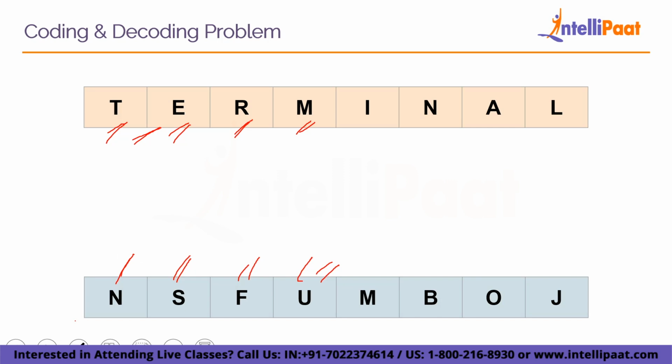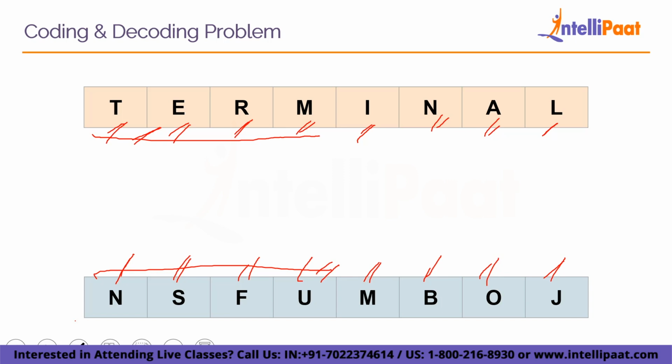So what we can see here is that the next alphabets of all these letters are present here, right? And next to I we get J, N next we get O, A next we get B, L next we get M.